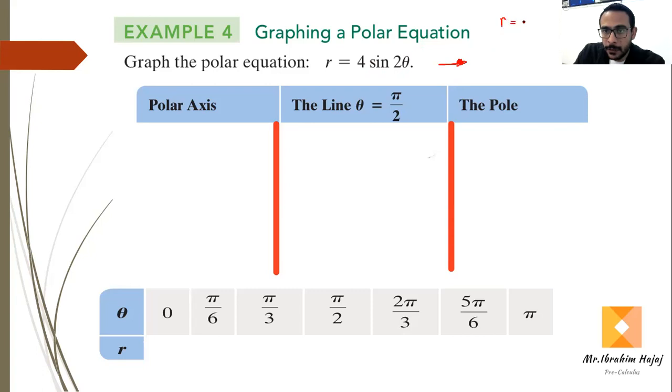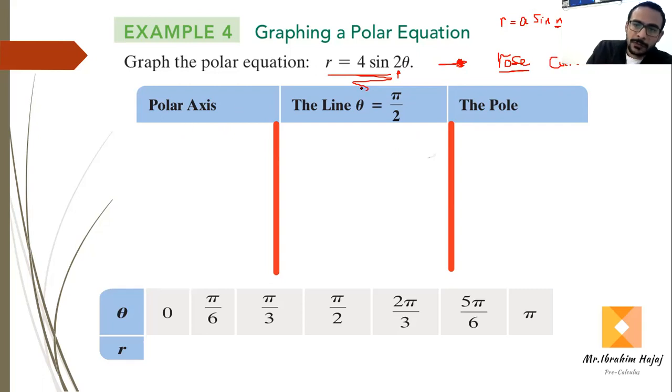When I say r equals a sine n theta, this equation represents a rose, and here we have 2 theta, so n is 2. So it's a rose curve.